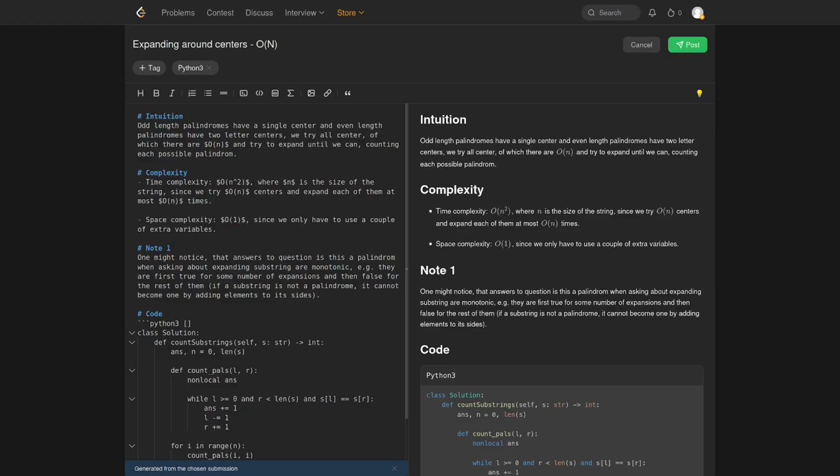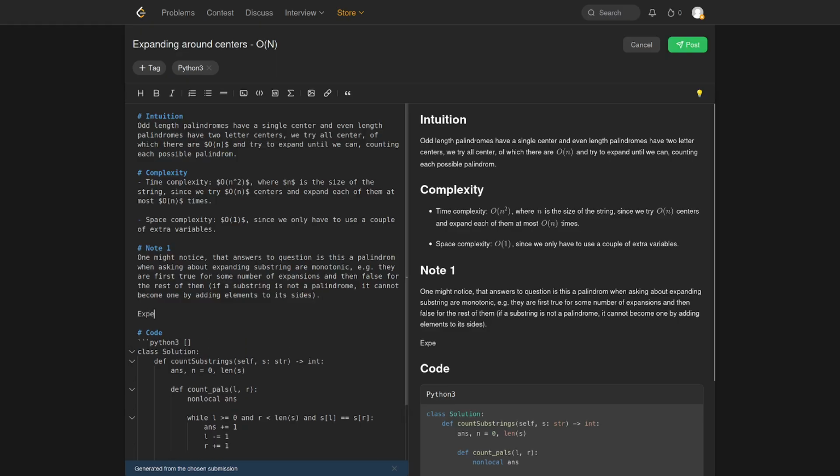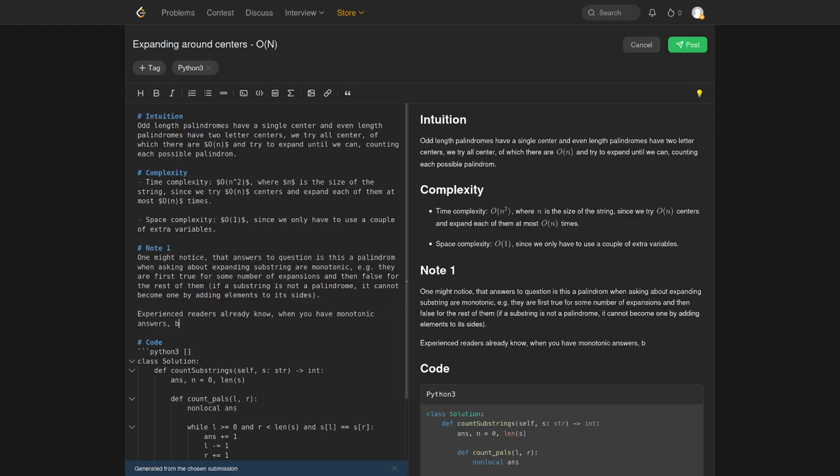Okay. Experienced readers probably already know, when you have monotonic answers, use binary search.